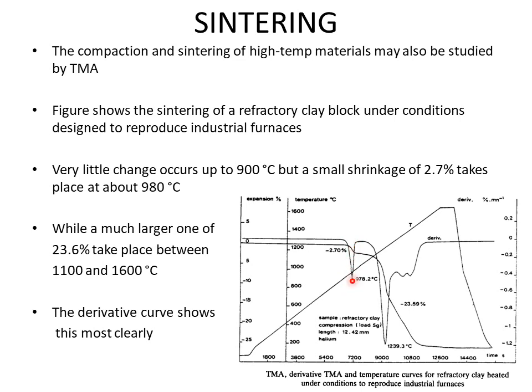That occurs at about 980 degrees centigrade, or more precisely around 978.2 degrees centigrade, and the shrinkage calculated here has been observed as 2.7%. Then we can see another dip, which happens between 1100 to 1600 degrees centigrade, and the shrinkage observed here was 23.6%.